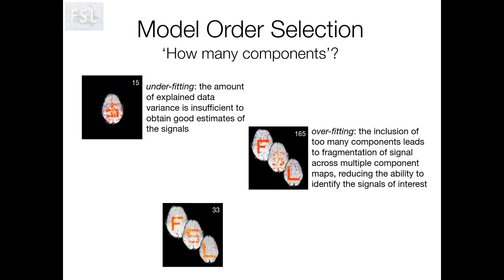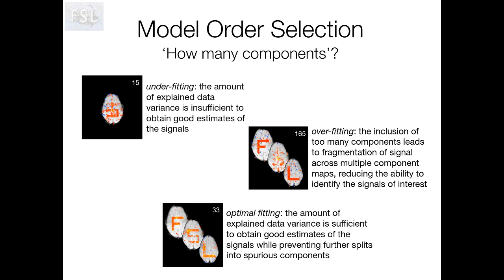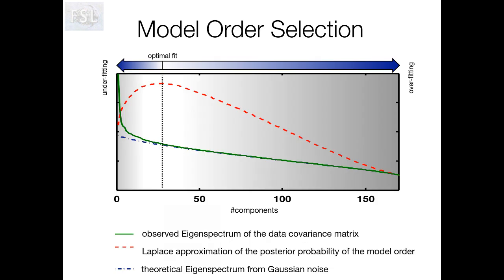Similarly, if we specify too many components, then the true underlying signals will be split up into many smaller components, each of which become harder to interpret. So we need some way to figure out the optimal number of components to split the data into, which best explains each true underlying signal and is most easily interpretable. And this model order selection problem is one of the main challenges in ICA.